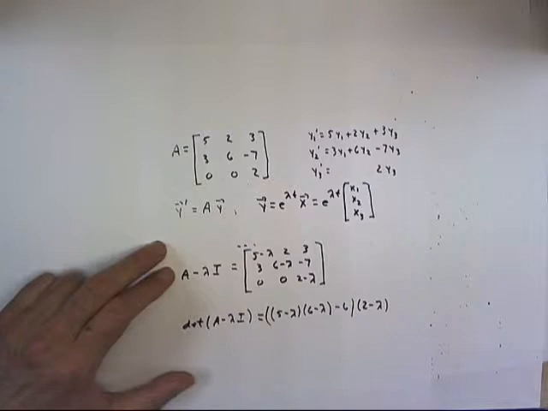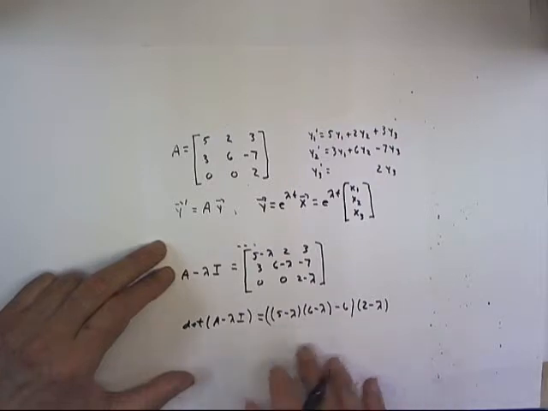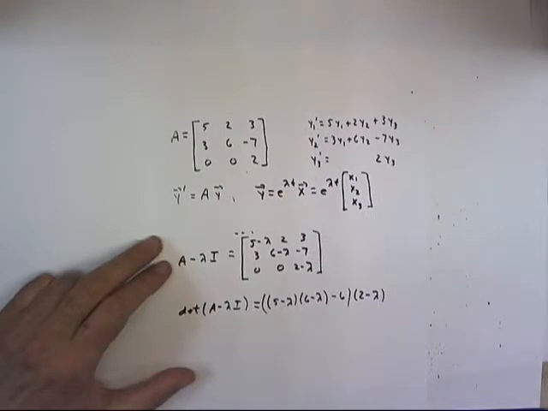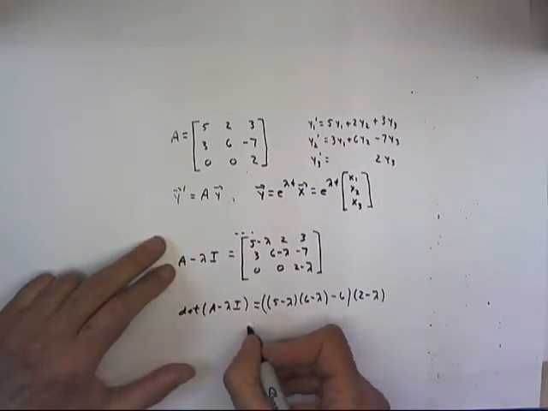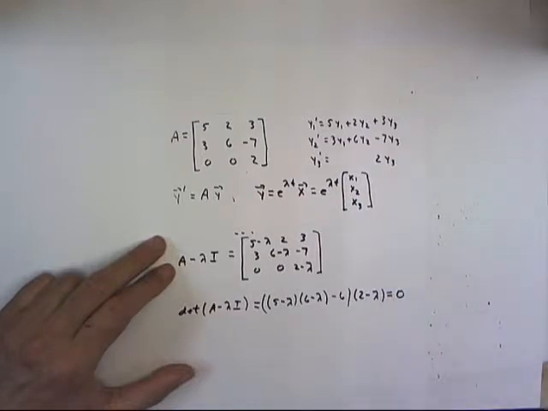Now if you calculate this determinant, you might do it in slightly different order. Don't worry about how I got this. If you understand determinants, you'll understand I just expanded along the bottom row. And that should equal 0.